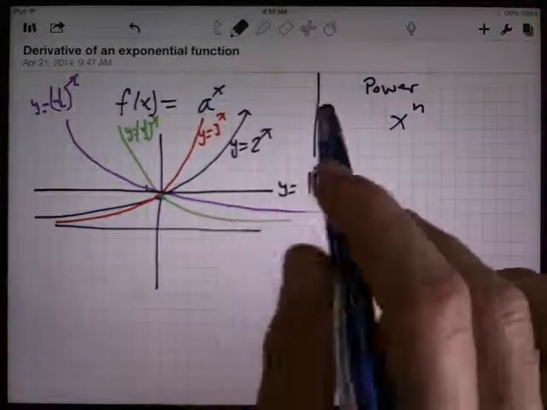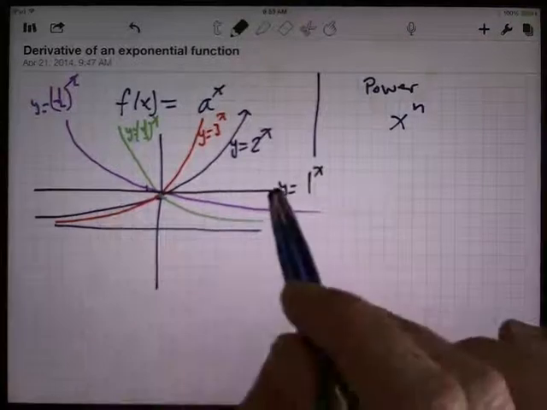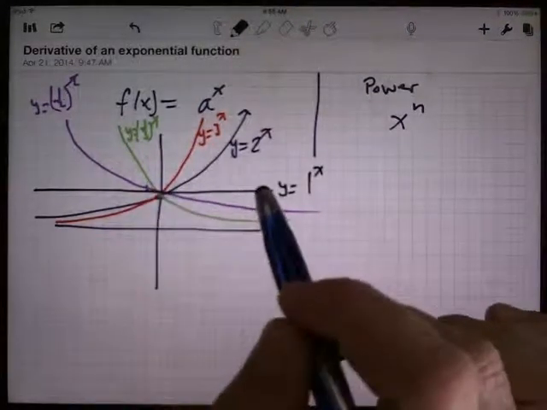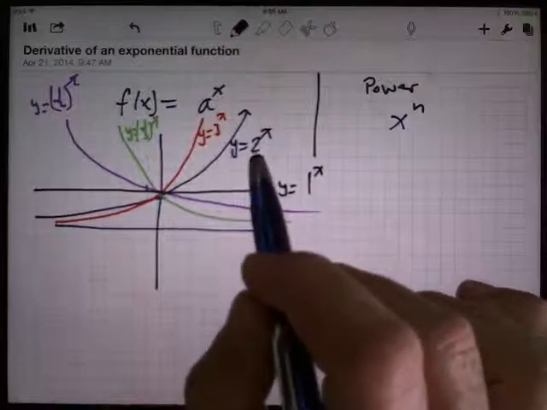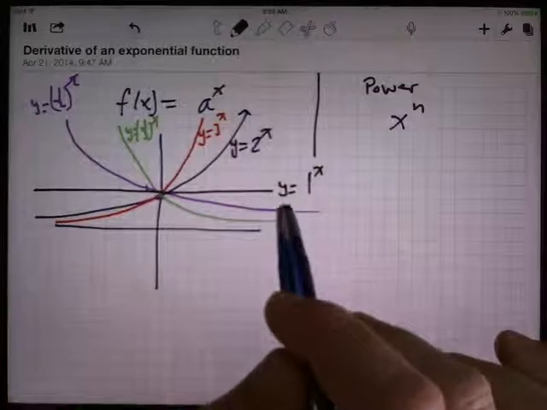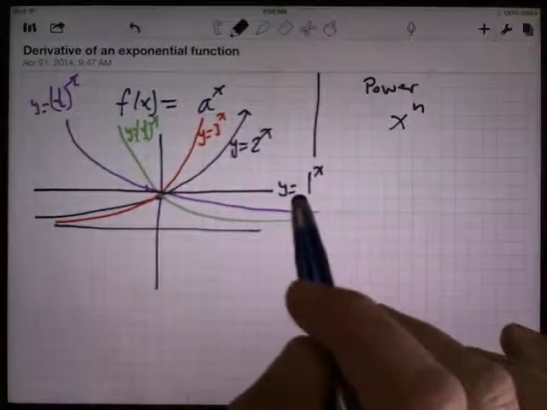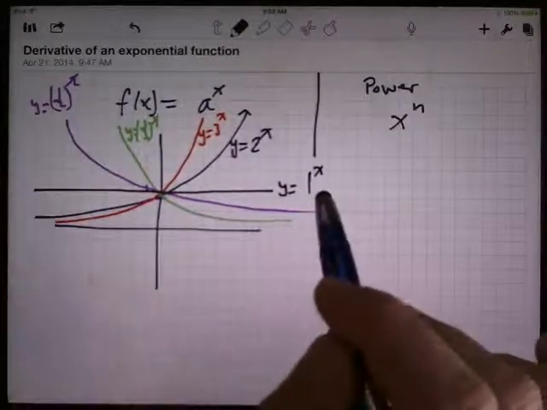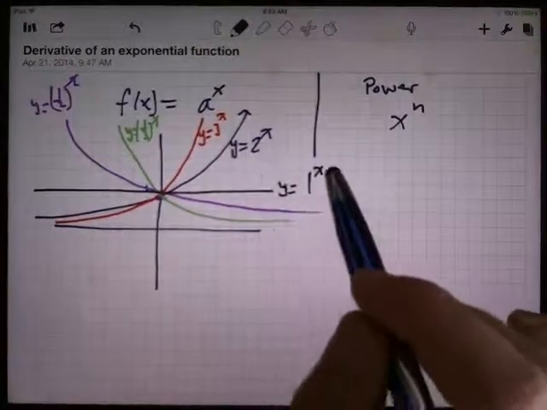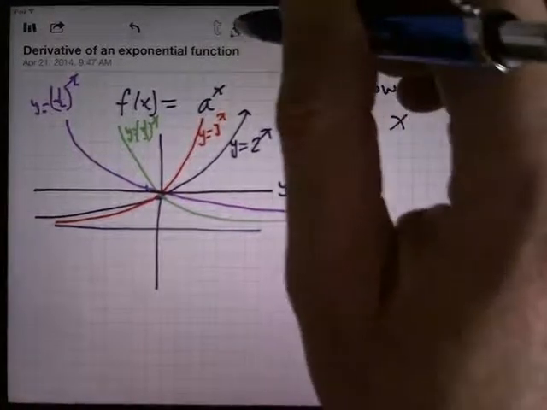It doesn't go uphill or downhill, it just stays flat, but it fits very nicely in this family, right in the middle. If the base is bigger than 1, you've got increase on the right hand side. If the base is less than 1, you have decrease. And if the base is equal to 1, you don't have increase or decrease, it just stays flat. Everything we do for these other ones will also be true for 1 to the x, so I don't see any reason to throw it away.